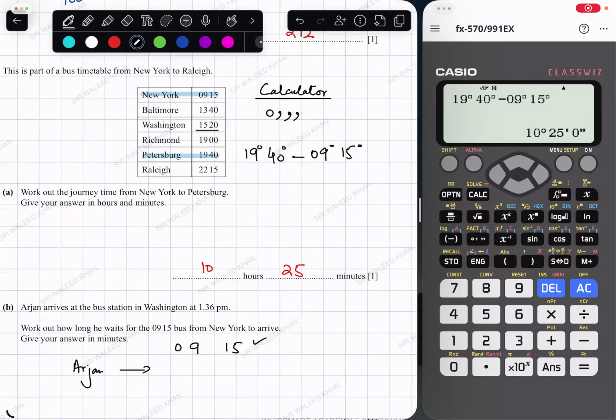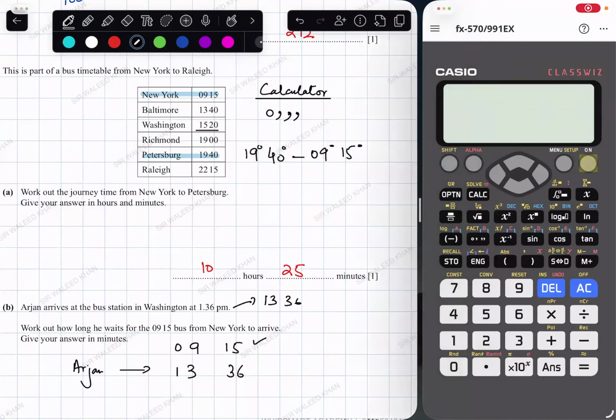13:36. Let's convert this time to 24 hours. That makes 13:36. Okay. So the time for Washington, that was 15:20.